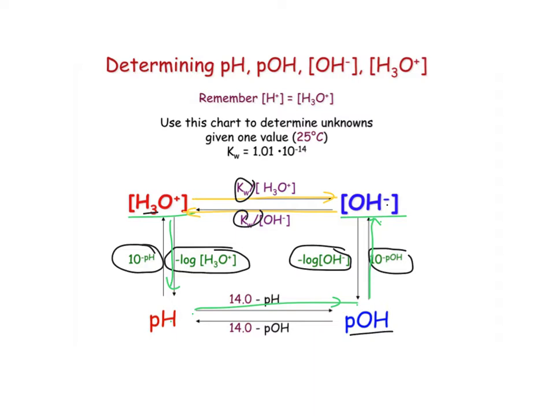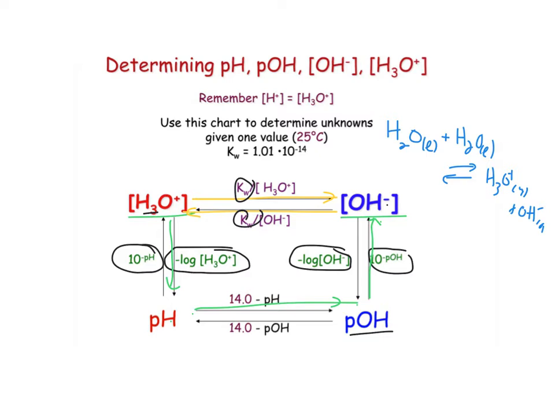Kw is the water ionization constant, and it has to do with any time we have our water. So if we have a container of water, and it's at equilibrium, we produce hydronium ions and hydroxide ions.